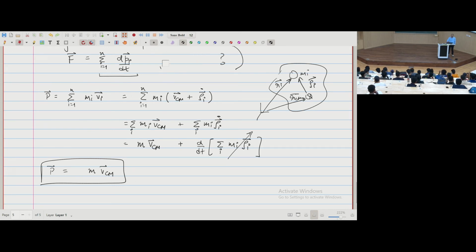So this summation of all the individual momenta can be written as m times the velocity of the center of mass. Is that clear?